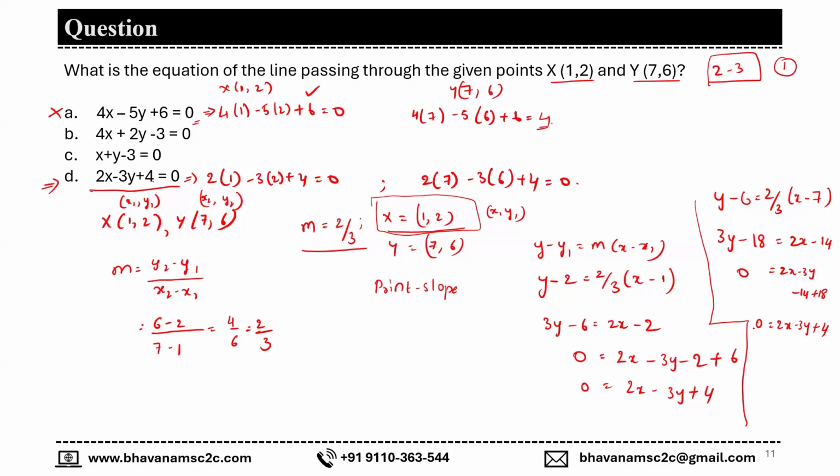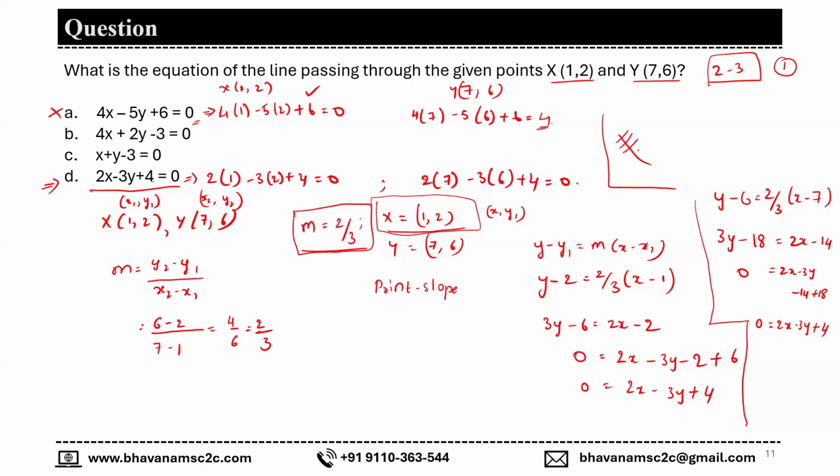So what you understand here is you can pick any point, (1, 2) or (7, 6). Once you have the slope of the line and any point that it is passing through, you will get the equation of that line. If we speak about the concept, this is the slope of the line and it is passing through multiple points.